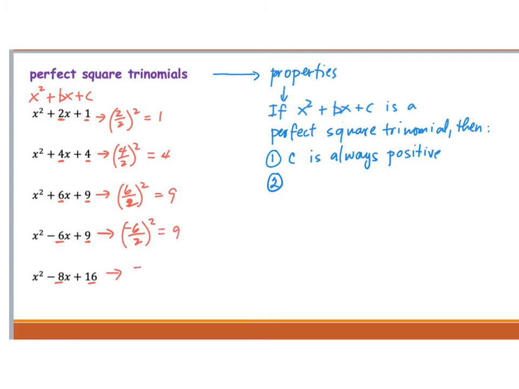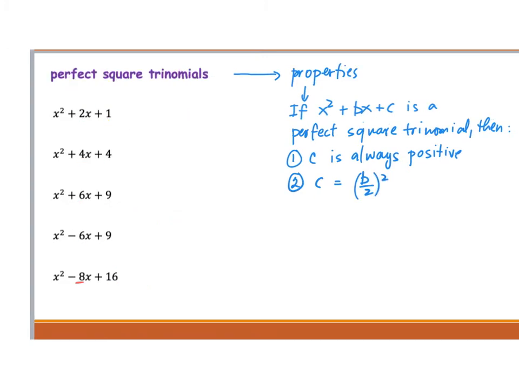And the last one, negative 8 divided by 2 is negative 4, and negative 4 squared is positive 16. So we're going to list that observation down here as: to get c, just divide b by 2, and then square the result.